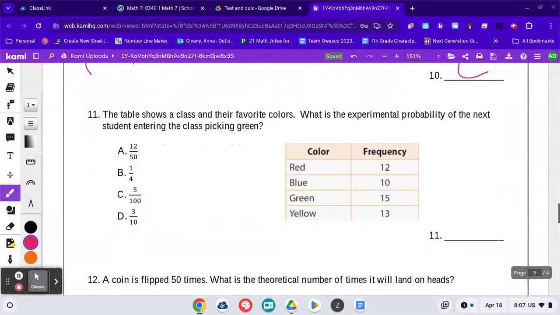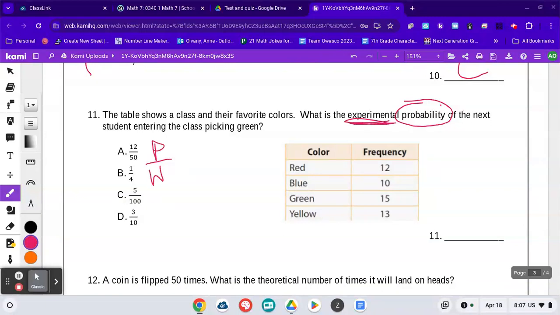Number 11, the table shows a class and their favorite colors. What is the experimental probability of the next student entering the class picking green? Probability is a fraction, part over whole.